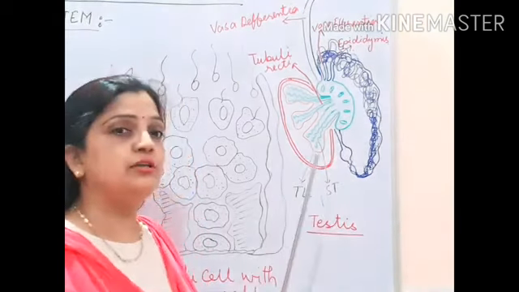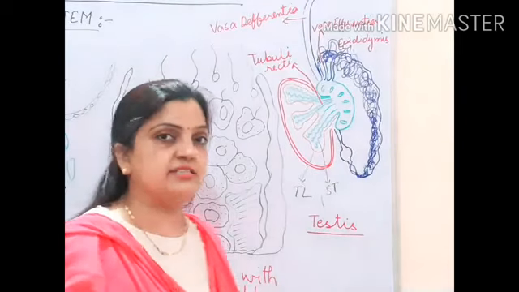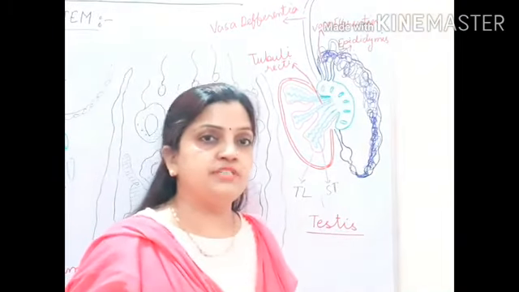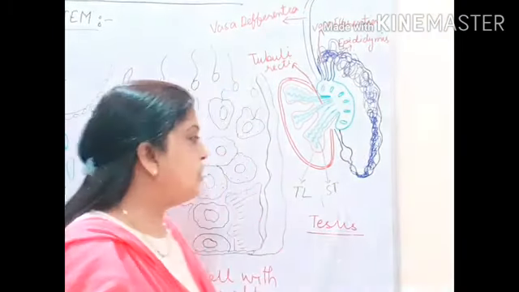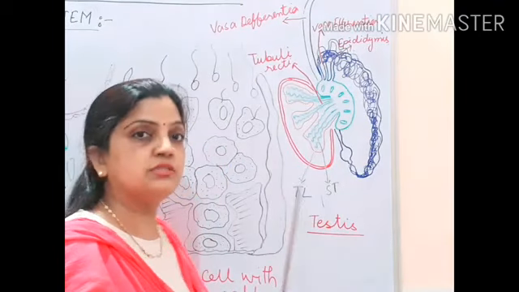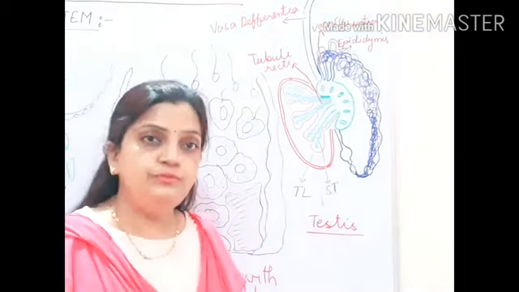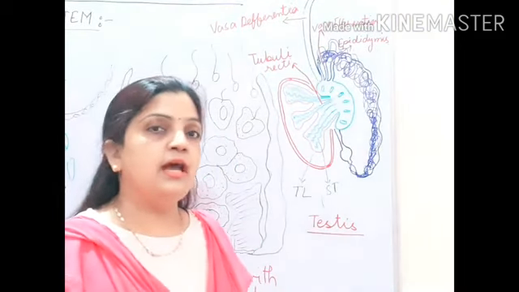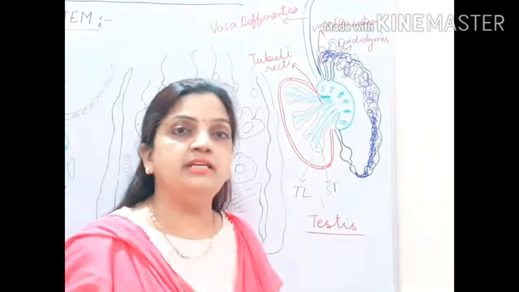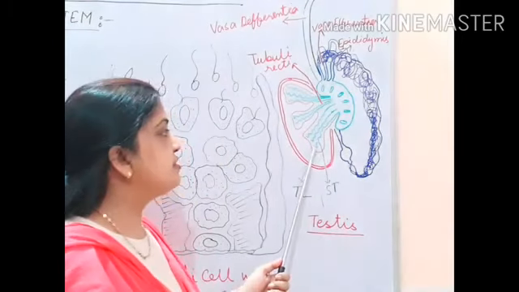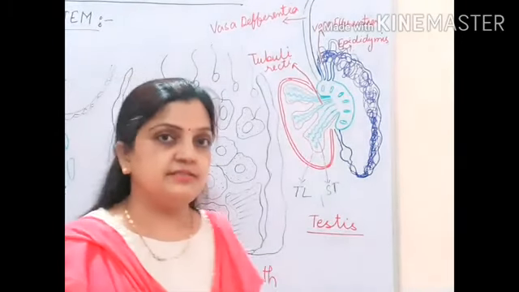I told you all that within each testis, about 250 small compartments called testicular lobules are present. Within these testicular lobules, about 2 to 3 seminiferous tubules are present.